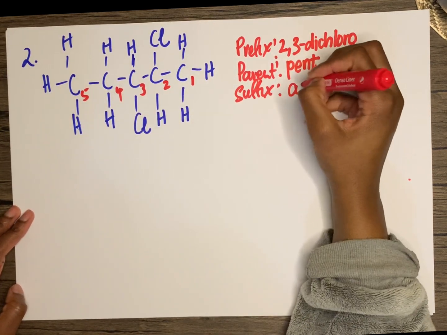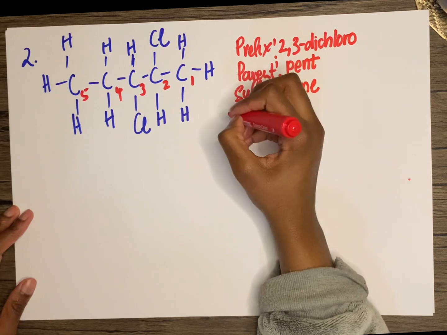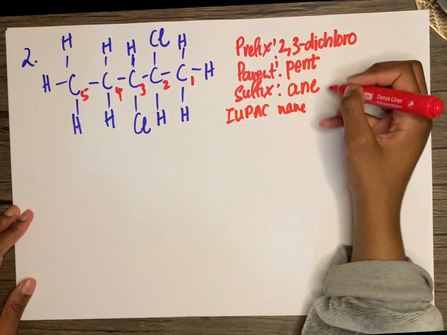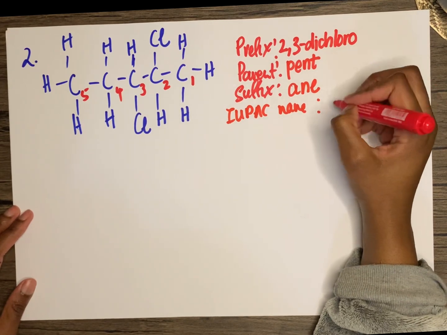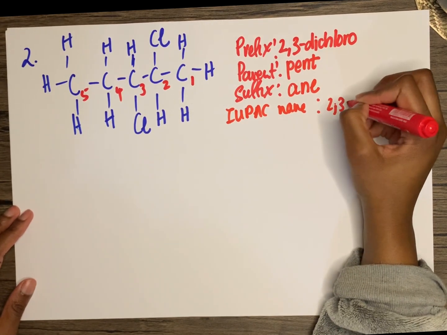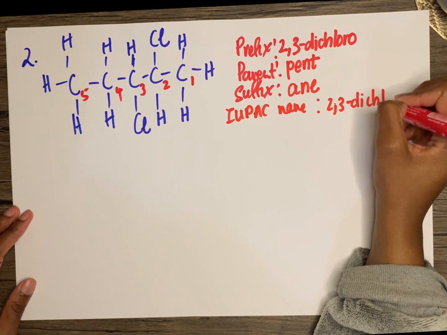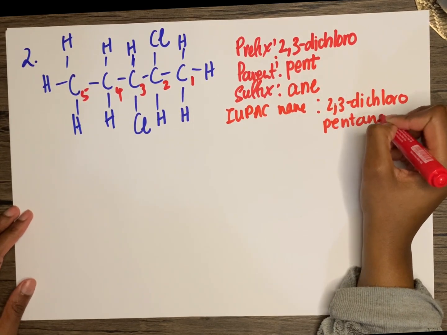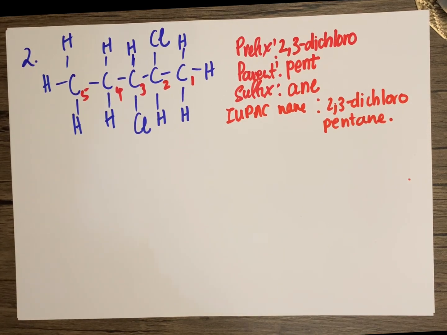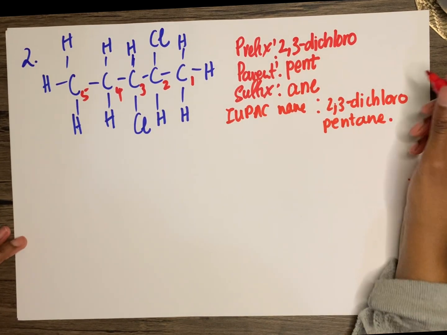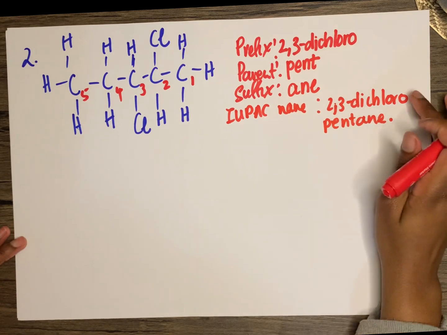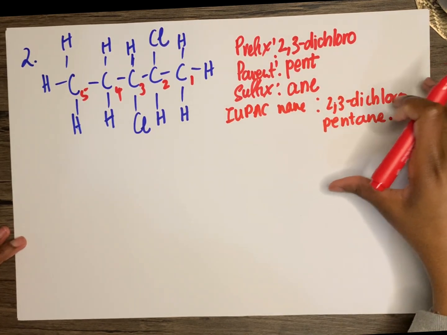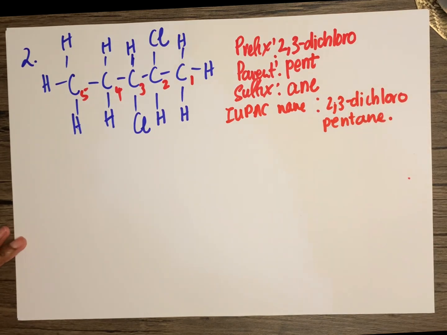So that's A. I put it together. Then I'm going to have 2,3-dichloropentane, right? It's just one name, just that I ran out of space, but you would not separate the dichloro and the pentane. You just make it one name.